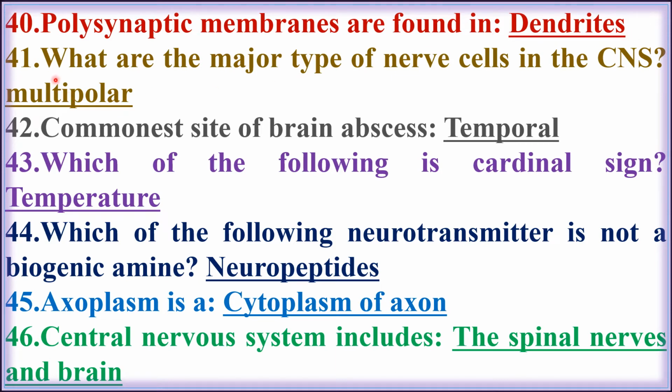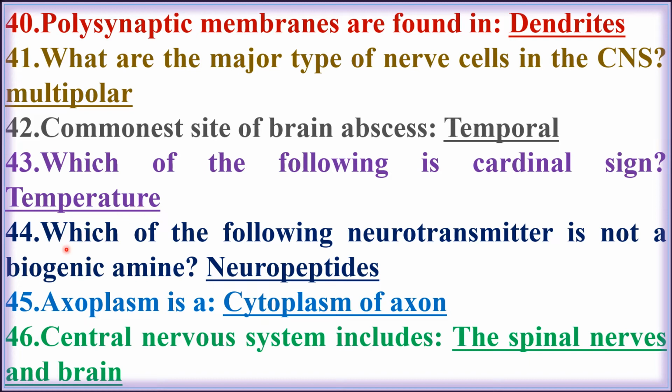Next, what are the major types of nerve cells in the central nervous system? That is multipolar. Next, commonest site of brain abscess is temporal. Next, which of the following is cardinal sign? That is temperature.